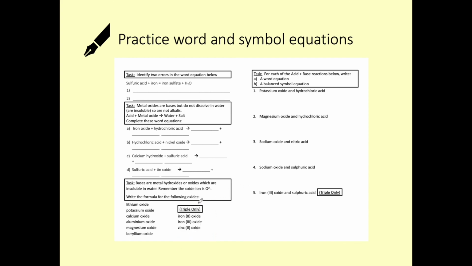And then for the triple side, remembering that the Roman numerals can be used to determine what the charge is of our transition metal ions. And then finally, word and balanced equations for each of those reactions. So pause the video whilst you do that.